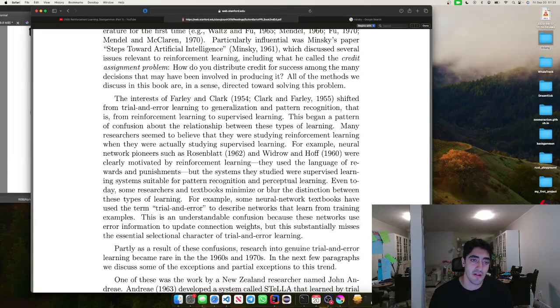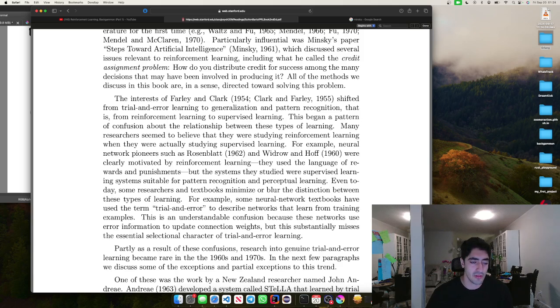The interests of Farley and Clark shifted from trial and error learning to generalization and pattern recognition, that is, from reinforcement learning to supervised learning. This began a pattern of confusion about the relationship between these types of learning. Many researchers seemed to believe that they were studying reinforcement learning when they were actually studying supervised learning.